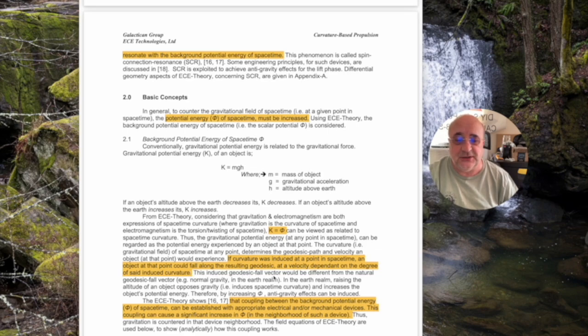This induced geodesic fall vector would be different from the natural geodesic fall vector. In the Earth realm, raising the altitude of an object opposes gravity, in other words, it increases space-time curvature and increases the object's potential energy. Therefore, by increasing phi, anti-gravity effects can be induced.